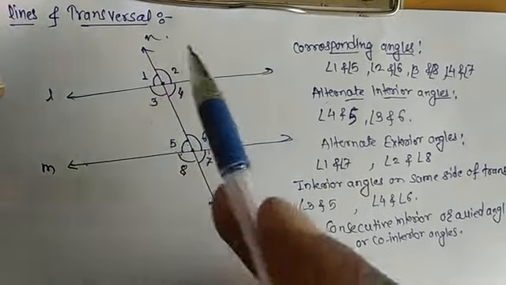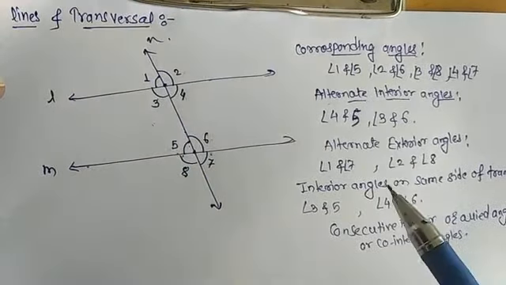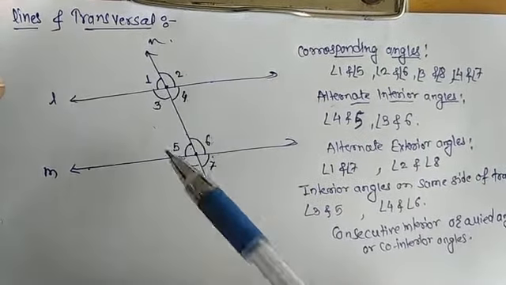Now we have revised all types of angles formed by two lines and a transversal.